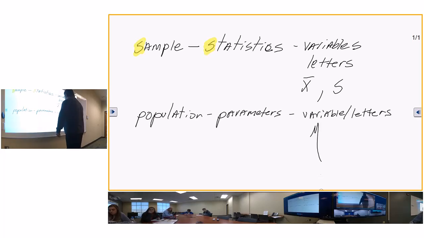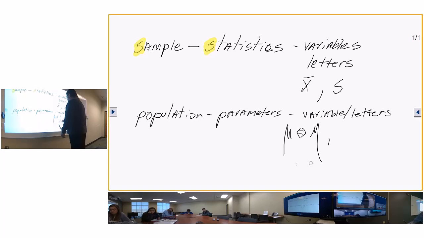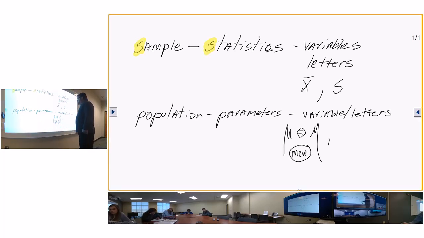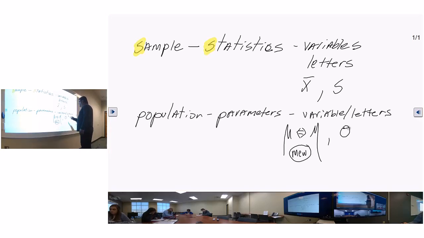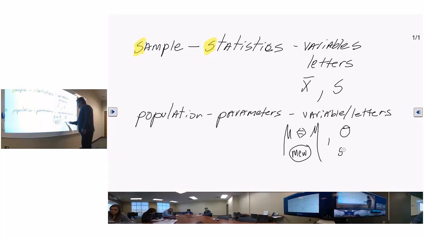Mu, I write that wrong. It's supposed to be written like this, but I write it backwards. So that's mu. Or here's sigma. It's a 0 with a little pompadour on top, and that's sigma.